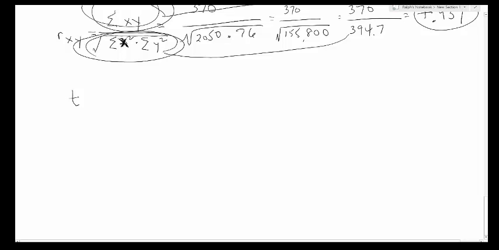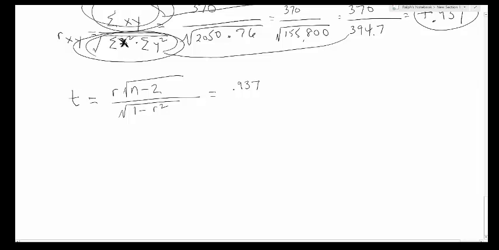Our test statistic is going to lead us to our significance number, and that's going to equal R times the square root of n minus 2 degrees of freedom, and then you're going to take the square root of 1 minus R squared, and then just plug in the numbers.